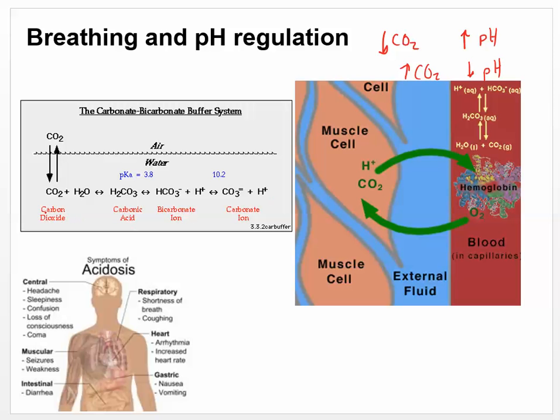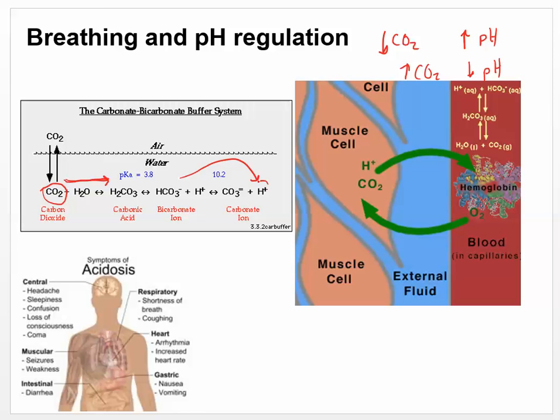Okay? And it's because, and this is the equation that you have to understand, if I increase my carbon dioxide, I push this equation, because this equation can go either direction, but water's everywhere, so that's not a rate limiter, but the carbon dioxide is. And so if I increase my carbon dioxide, I push this equation this way, and what happens?